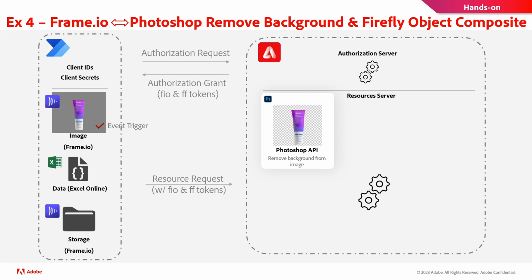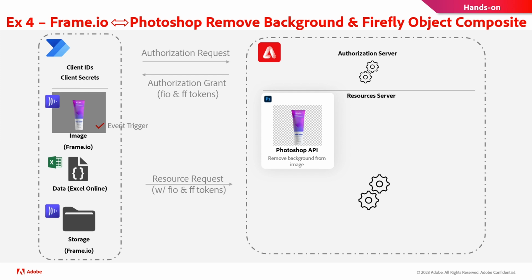Now, once Photoshop removes the background, you might think that this image will then be passed on to the Firefly API for object composite, right? Unfortunately, it doesn't quite work like this. For reasons that we'll explain later on, when Photoshop removes the background, it needs to put the output to a temporary storage.